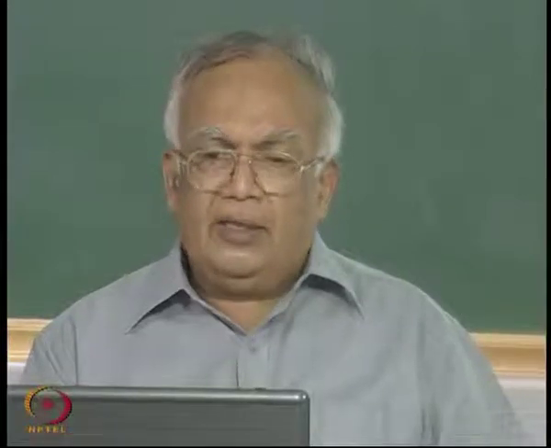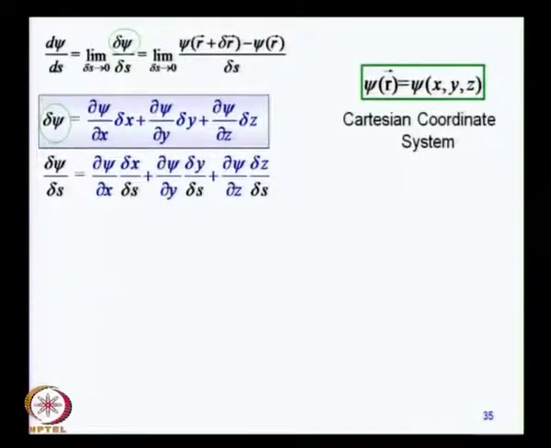Let me quickly remind you that you have the directional derivative which you express as a sum of three terms, and you can look at the sum of these three terms as a sum of products of components of two vectors generating a scalar product, that is the basic trick.